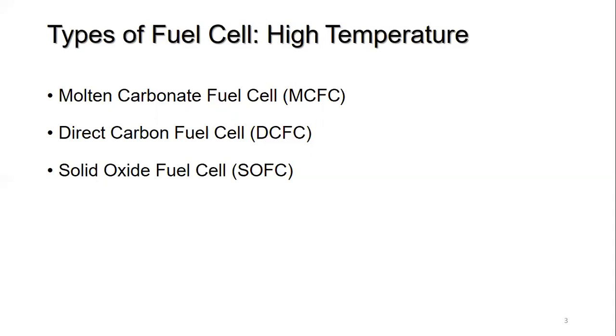These days they don't have any established market position. It may be possible that in the future they replace batteries as often as batteries are used, but not at the moment, because fuel cells are still at the developmental stage.